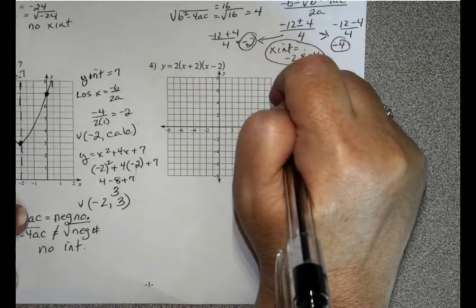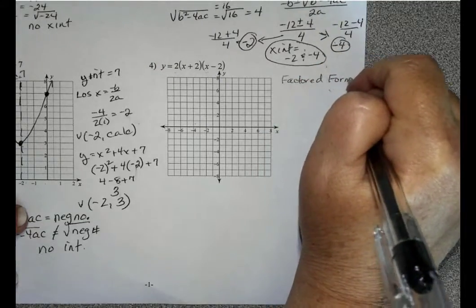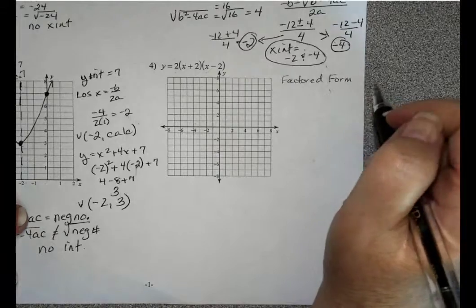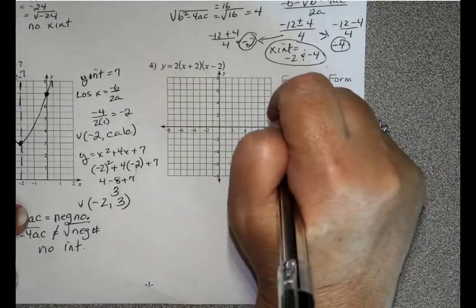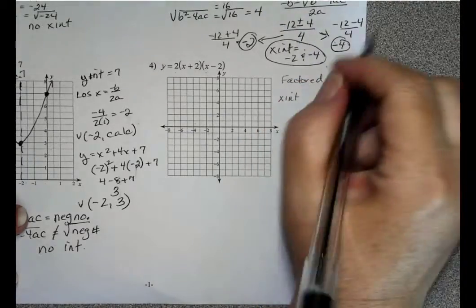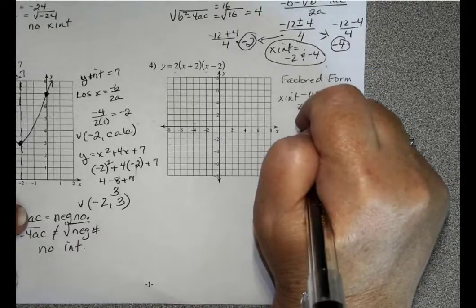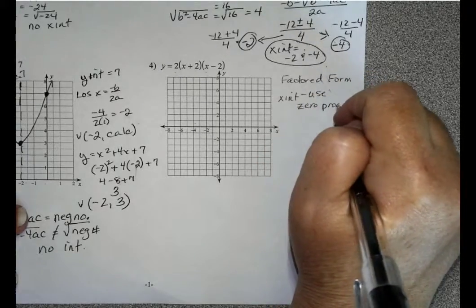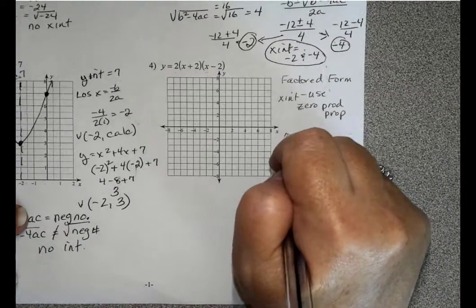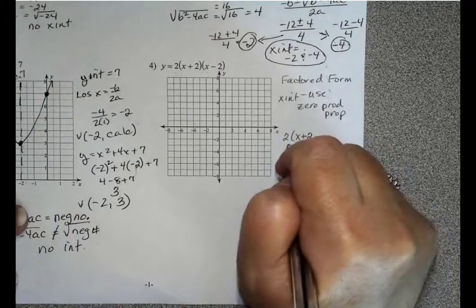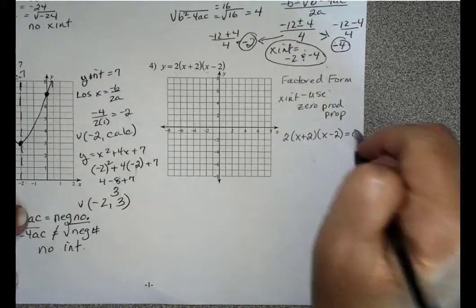This one is the factored form. And I'm going to use the zero product property to figure out what my x-intercepts are. So essentially I'm saying that 2 times the quantity x plus 2 times the quantity x minus 2 is equal to 0.